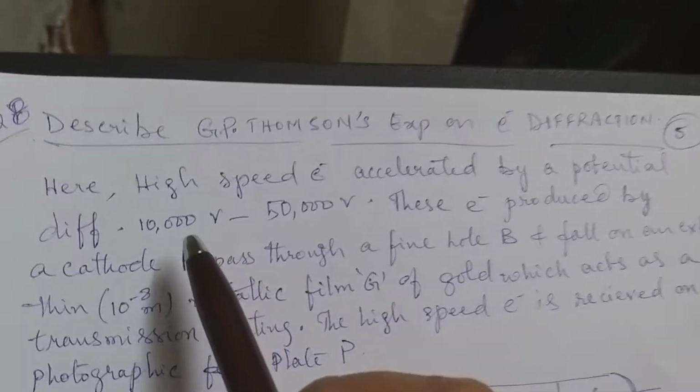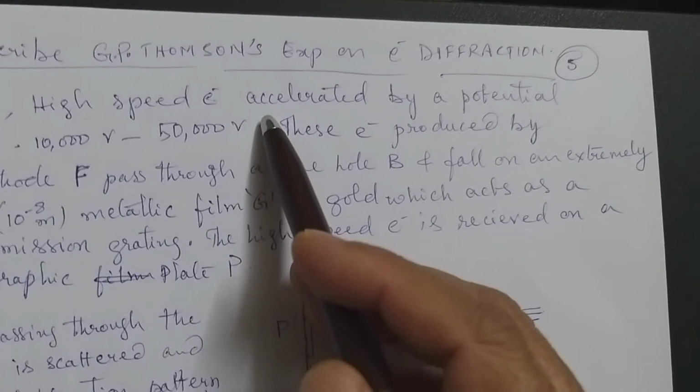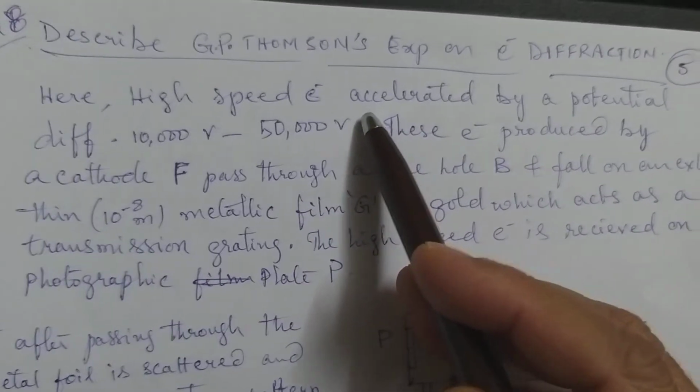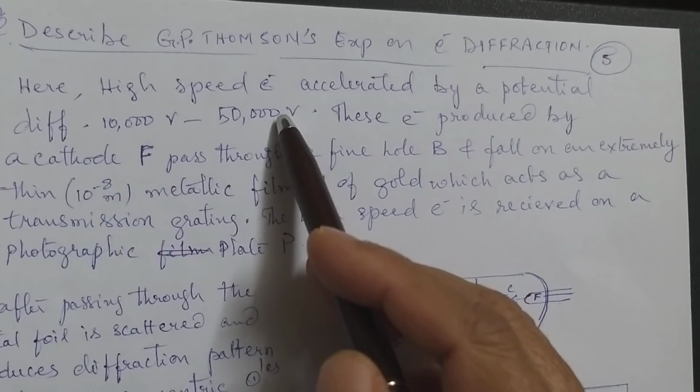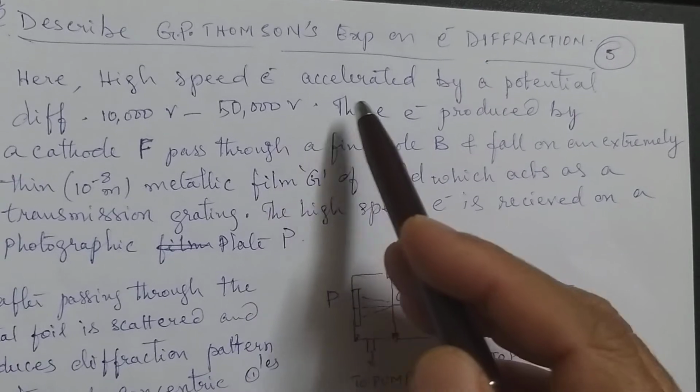So let us see what he has done here. High speed electrons are accelerated by a potential difference. Same thing: a high potential difference is needed for accelerating them to a certain velocity.